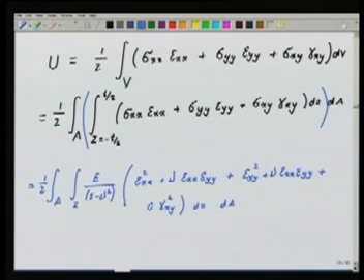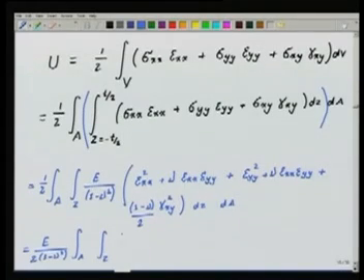Sorry, not g here, I made a mistake. If you go back to what we had done, this will become 1 minus nu divided by 2 into this, because E into 1 minus nu squared, I have taken out as common. So this will be E by 2 into 1 minus nu squared integral over the area integral over z.